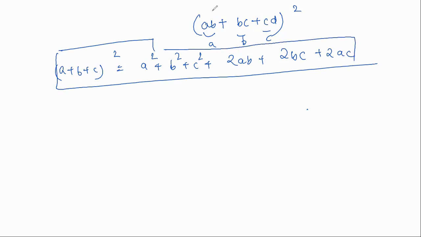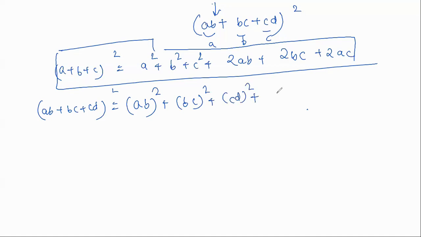So when we use this formula here, (AB plus BC plus CD) whole square is equal to A square B square plus B square C square plus C square D square plus 2AB times BC, which is AB square C, plus 2BC times CD, which is BC square D, and 2AC, which is ABCD.